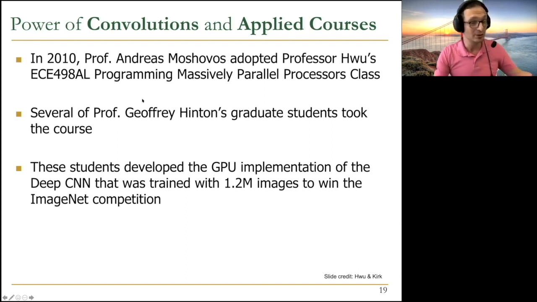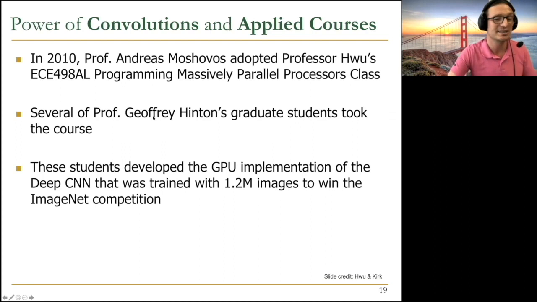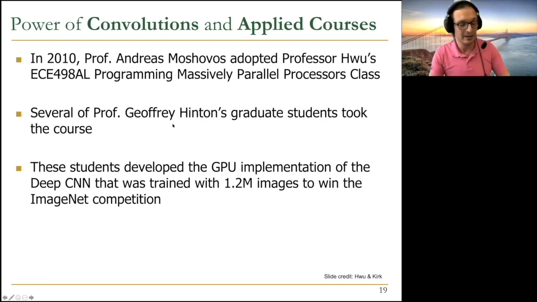And some machine learning students, PhD students who were Geoff Hinton's students, took this course. Geoff Hinton is one of the pioneers in machine learning, who developed some of the earliest backpropagation algorithms, which did not get a whole lot of attention initially.